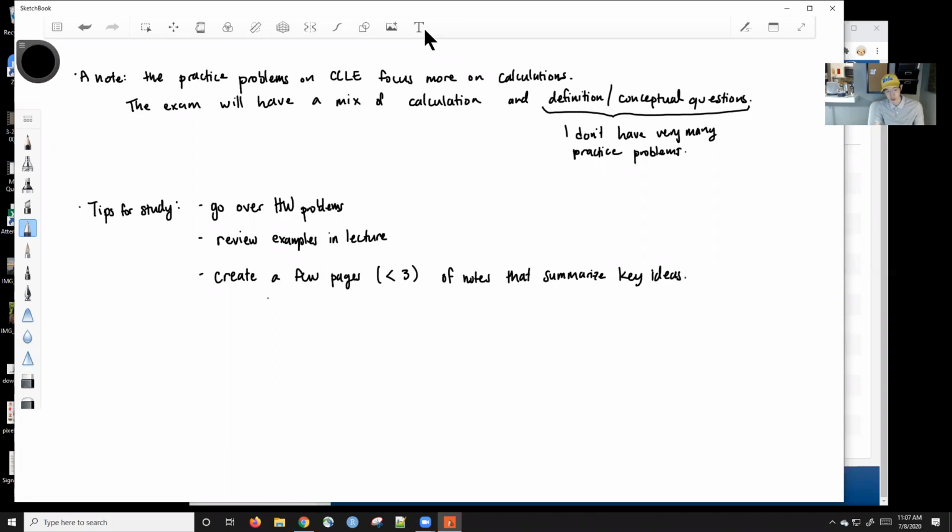And then either put in references to lectures and page numbers for additional detail.